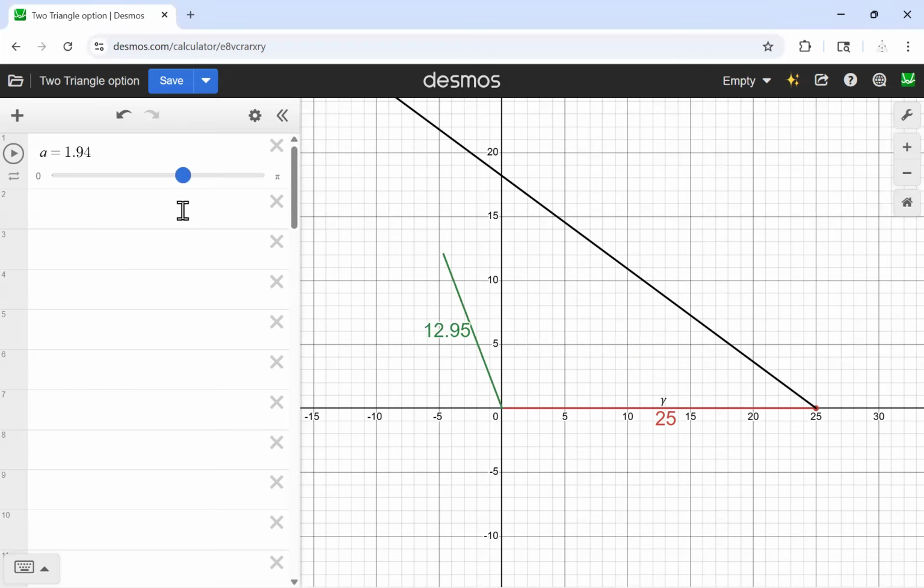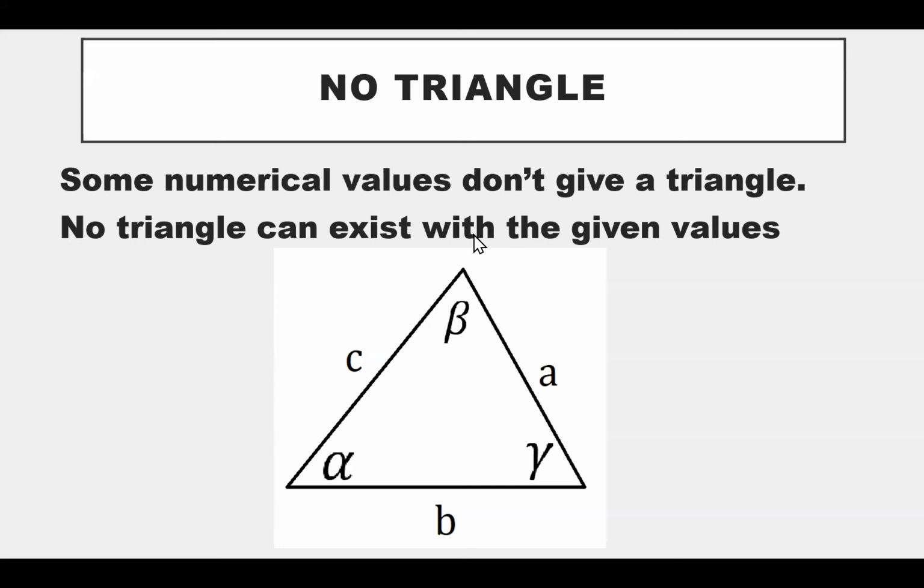So there are other scenarios that also give us non-triangle shapes as well. So other scenarios where the numerical values given don't align with any triangle.